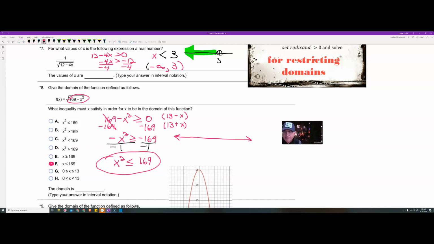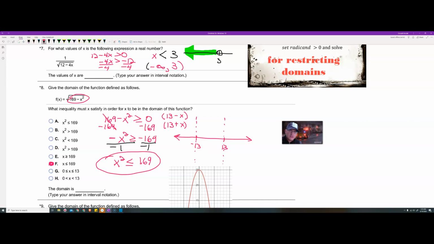Zeros kind of got a bad rap. So I am going to take what makes each one of these zeros? Well, the first one is made 0 by the number 13, and the second one is made 0 by negative 13. So that divides my number line into 3 intervals.